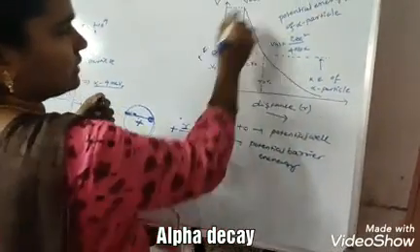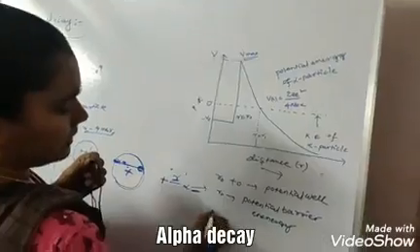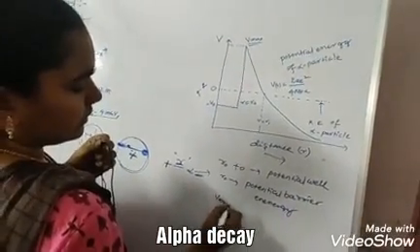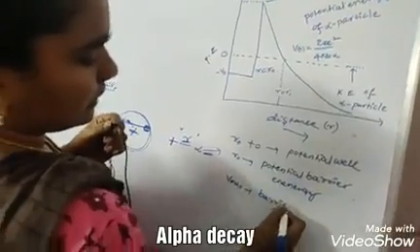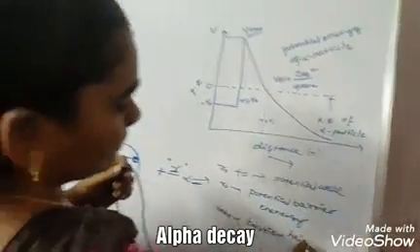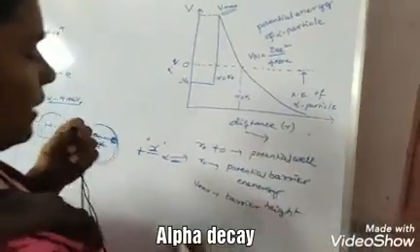So this V maximum is called the barrier height.